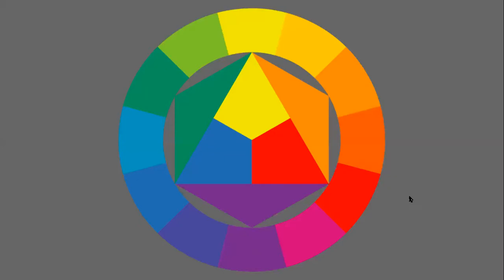I'm curious if anyone knows of any other color triad set, something like red, yellow, blue, that we can also think of as being a building block of all colors.